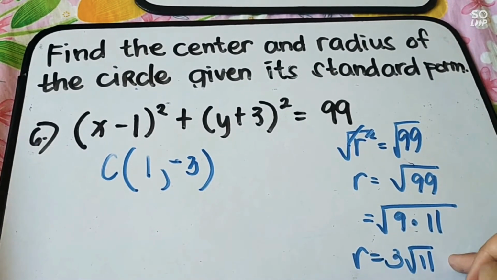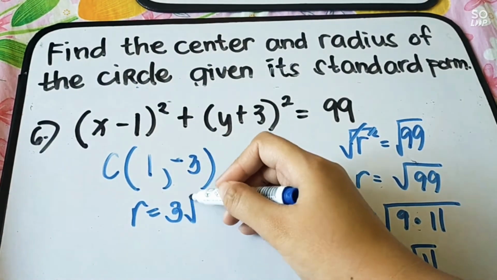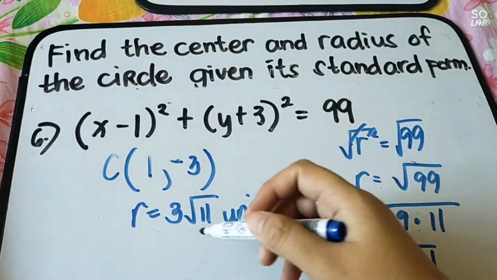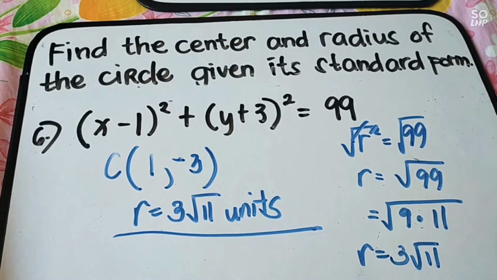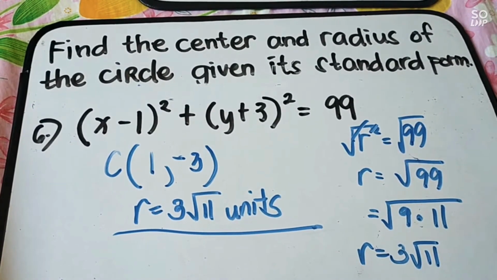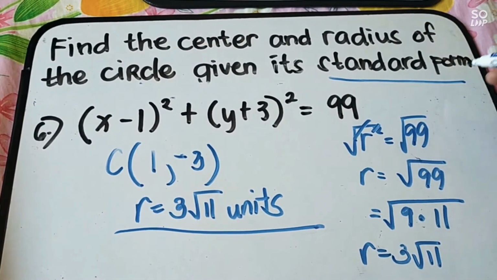So, that is your r. So, our r is 3 square root of 11 units. Do not forget the unit sign, because the radius is a measure. Is it clear? So, that is how you are going to find the center and radius given the standard form.